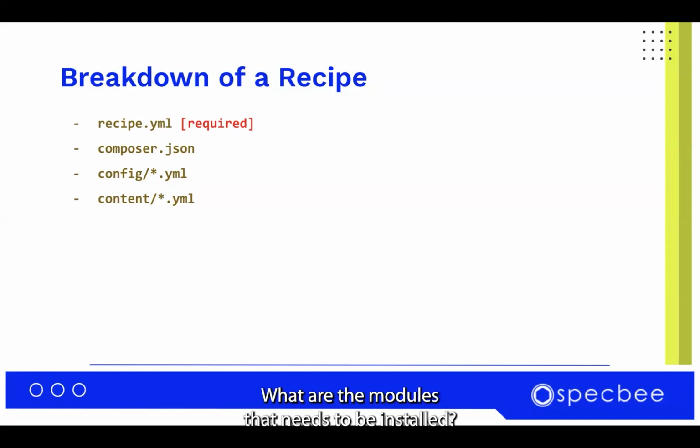What are the modules that need to be installed? What are the themes that need to be installed? What are the configurations that need to be imported during the installation of the recipe? And lastly, what are the configuration actions or the configuration updates that need to be done on certain configurations? So all this information or setup will be going inside the recipe.yml file.